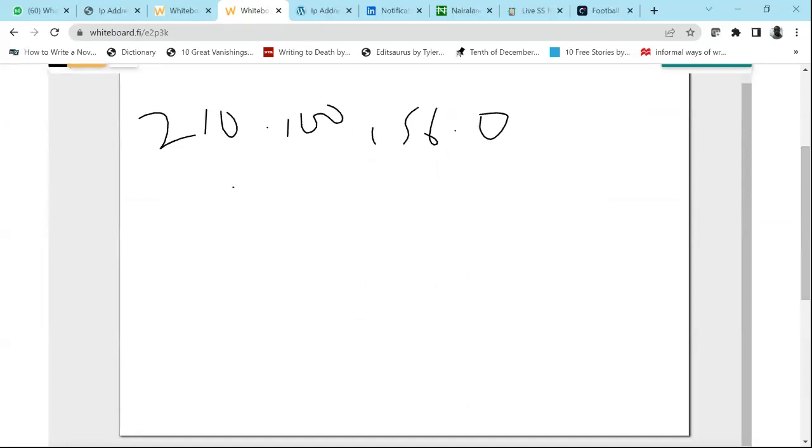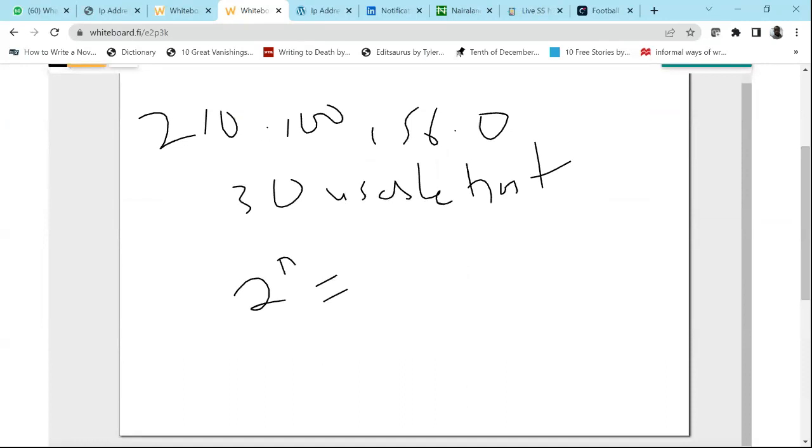So I say I want 30 usable hosts from this network. What you do is the same thing, 2 raised to power n. What 2 raised to power n is closer to 30? That is 2 times 2 is 4, times 2 is 8, times 2 is 16, times 2 is 32. That is 2 raised to power 5, which would be 32.